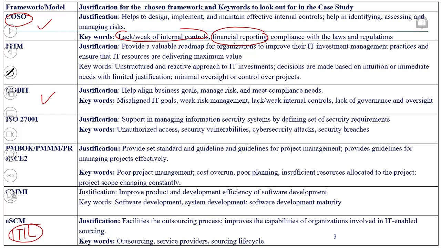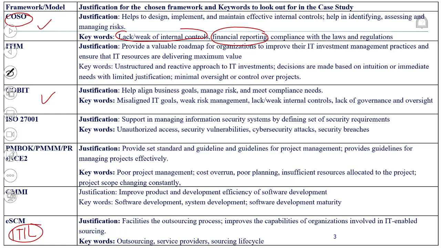And if you're asked to justify your choice, most often it is that it helps in designing, implementing, and maintaining effective internal controls. So COSO has what we call the processes that can help you to implement your internal controls. I'm not going to go through those processes because we don't have that much time, but that is one way you could look at that.